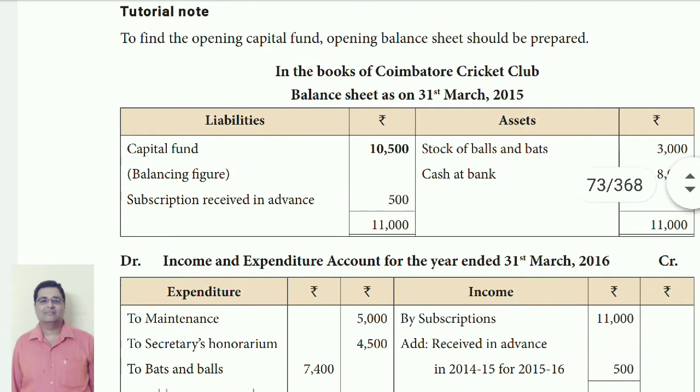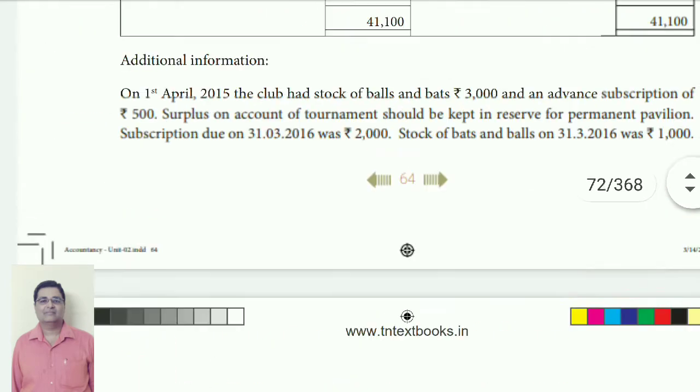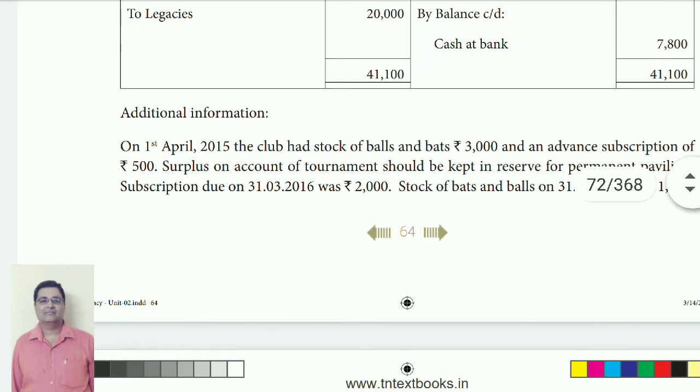So this bat and ball opening stock rupees 3,000 we write on the asset side, stock of bat and ball rupees 3,000, because it is our asset. Now see the next one, the next line of your adjustment.